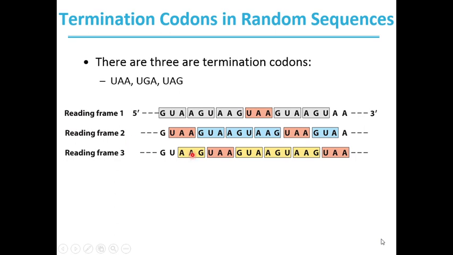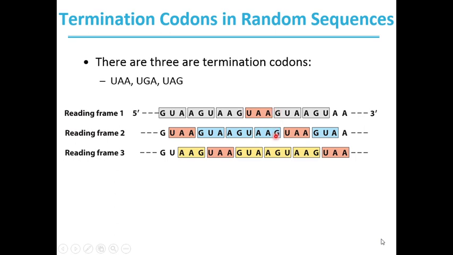And if you get to reading frame 2, the codon starts with a stop codon. Depending on how a ribosome reads through this, it can make a tripeptide from the first reading frame before it encounters a stop codon. In a random sequence like this, 1 in every 20 codons in each reading frame is, on average, a termination codon.